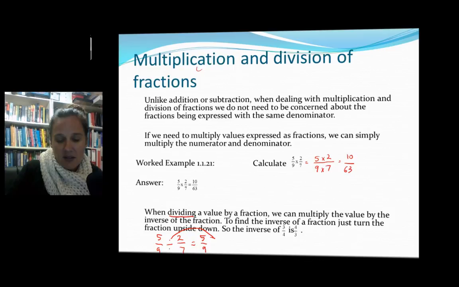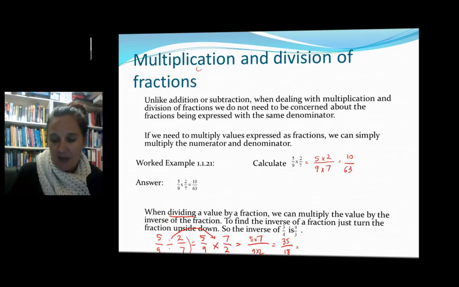Our divide, we change to a multiplication, and we invert, or flip over, our second fraction. So that becomes 7 over 2. So we end up with 5 times 7 in our numerator and 9 times 2 in our denominator. 5 times 7 is 35. 9 times 2 is 18 here. And we can keep going until we simplify that.